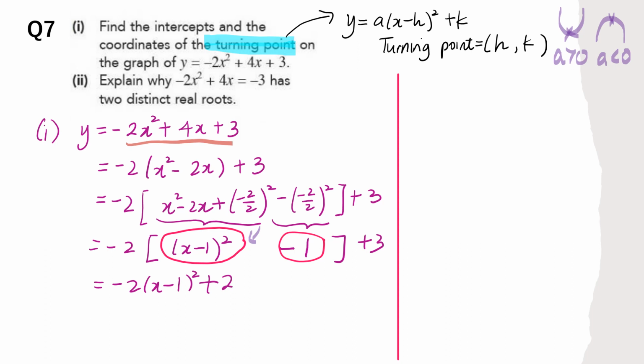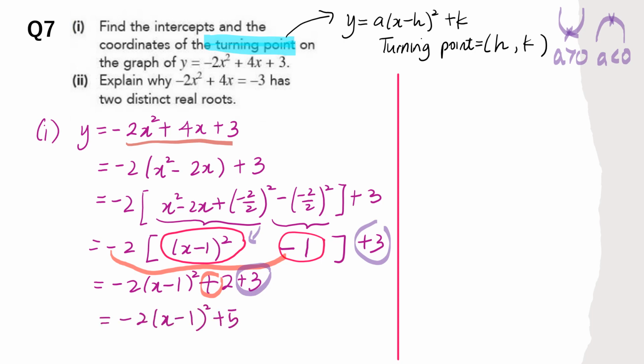And take note, very important, that your negative multiplied with this negative here will give you the positive 2. And again, not to forget your plus 3. You still have a plus 3 here. And you simplify it to be negative 2 bracket x minus 1 close bracket square plus 5. So that will be a completed square format for your quadratic curve.